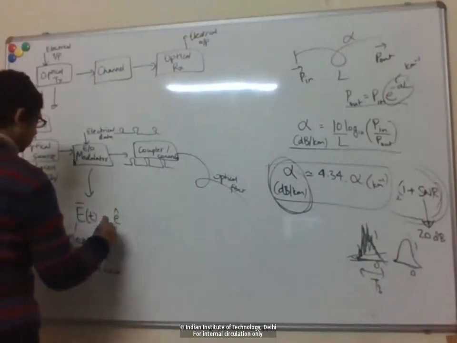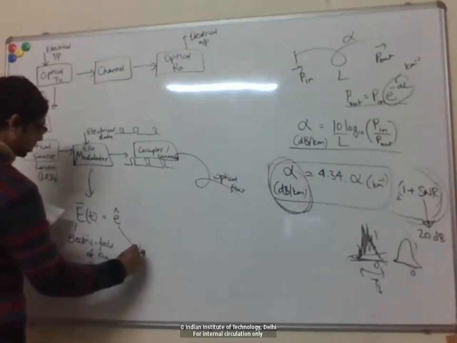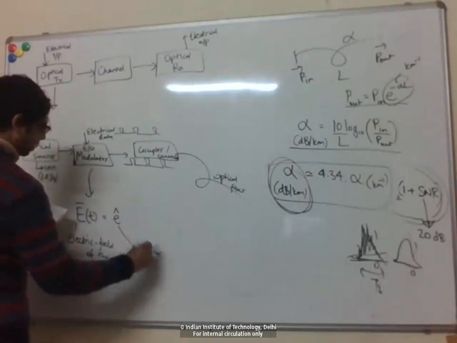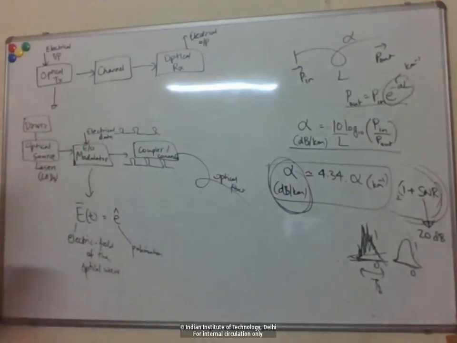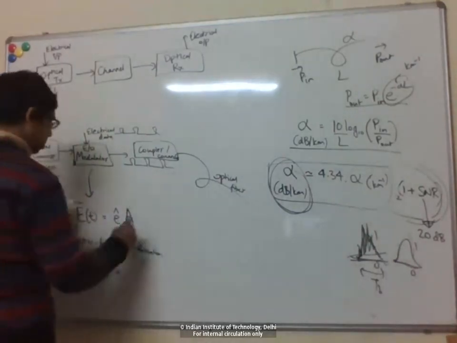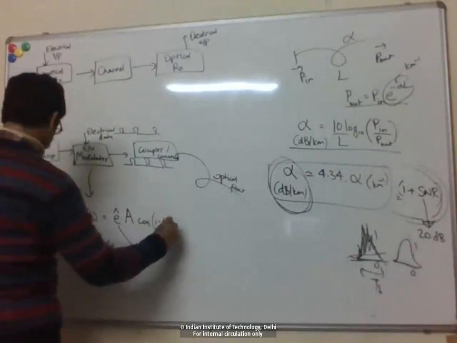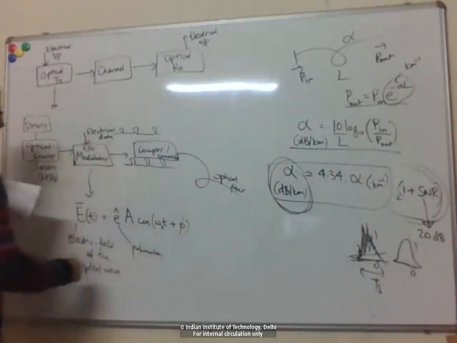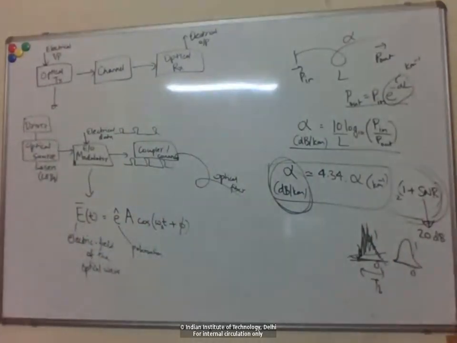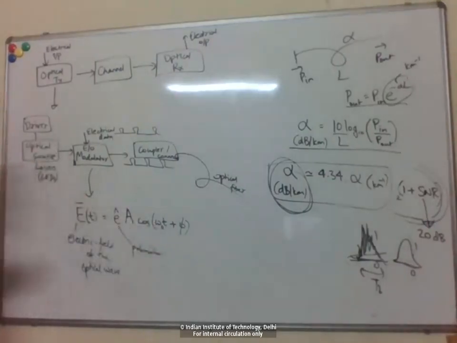So there is some direction, which is the polarization, which direction the electric field is pointing in. Then you have an amplitude, and then frequency and phase like this. So this is coming out of the source, like let's say you have a laser source, and this kind of field is coming out of the laser.